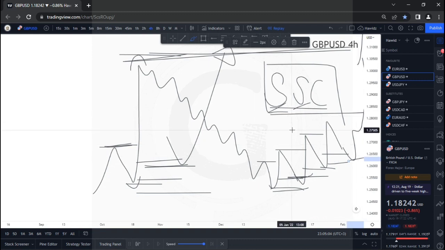But if you are someone more patient and waiting for a more potent confirmation, you should wait for the first break, the change of character, and the second break, the break of structure, and then after that second break, the retest is your high probability entry towards the upside.